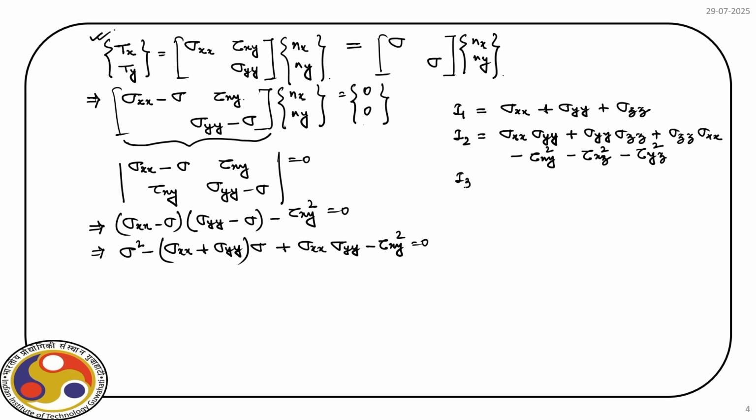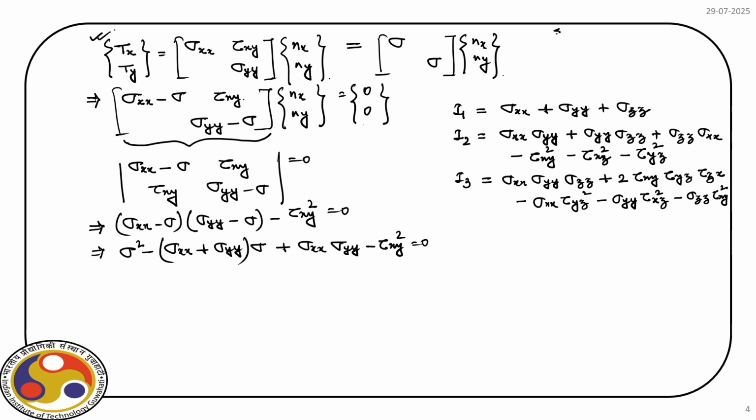And then the third invariant, the last one, is sigma xx sigma yy sigma zz plus 2 times tau xy tau yz tau zx minus sigma xx tau yz square minus sigma yy tau xz square minus sigma zz tau xy square. So, these are the 3 stress invariants.